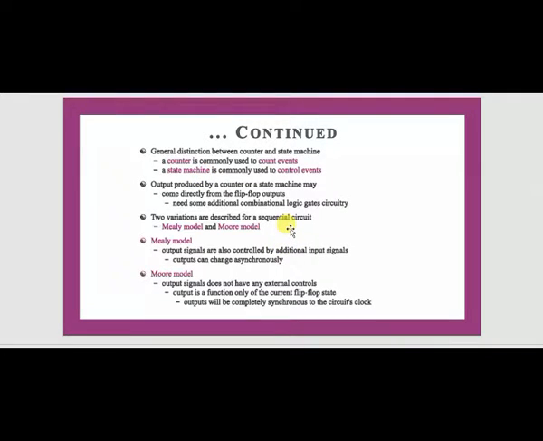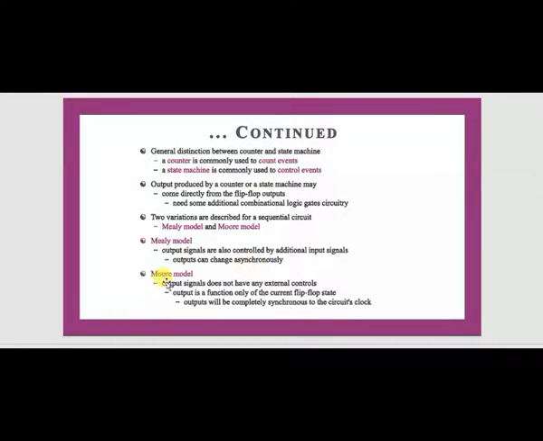There are two models to describe a sequential circuit: the Mealy model and the Moore model. In the Mealy model, output signals are also controlled by additional input signals.